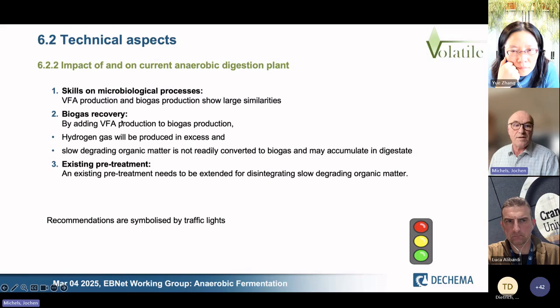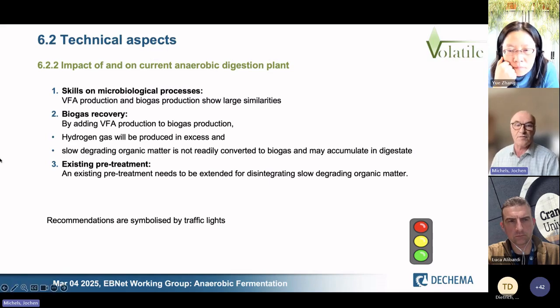And you have to look at the biogas recovery, because if you add VFA production to the process, hydrogen gas will be produced in excess. This is a feedback loop to anaerobic digestion, meaning that the VFA are not produced further.